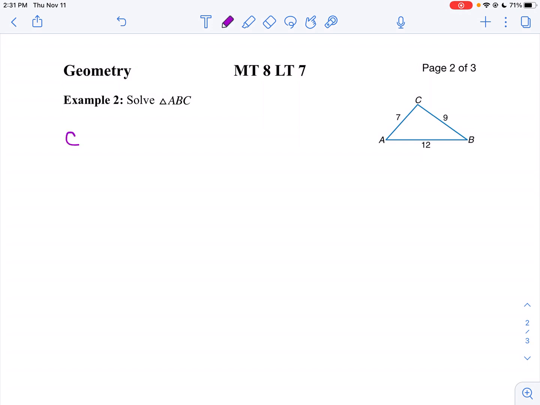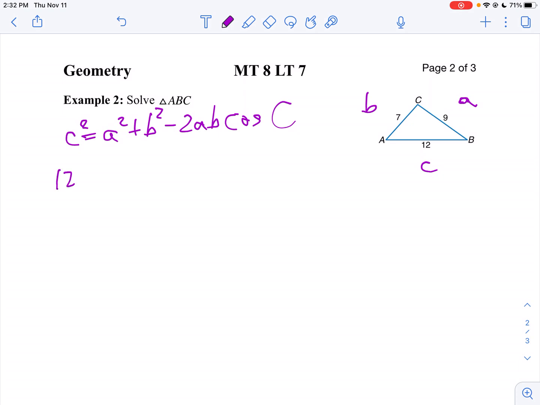So C squared equals A squared plus B squared minus 2AB times the cosine of angle C. So we know side A is 9. We know side C is 12. And we know side B is 7. So I'll substitute those in. So, no, C is 12, sorry.